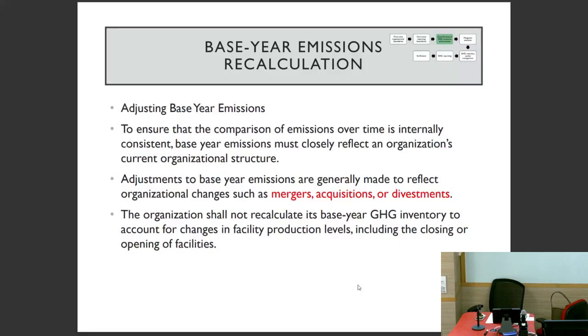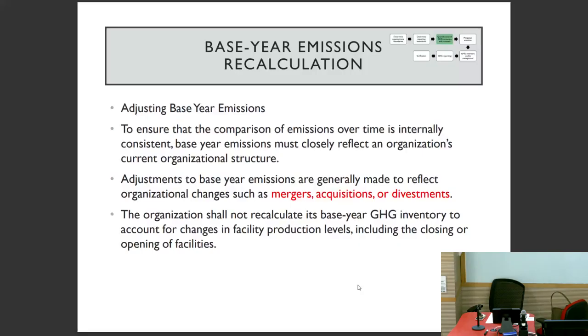So if in the year 2020 company A buys company B, then in the reporting of the emissions in 2020, the emissions of company A would be much higher, right? Because it includes the emissions from company B also.